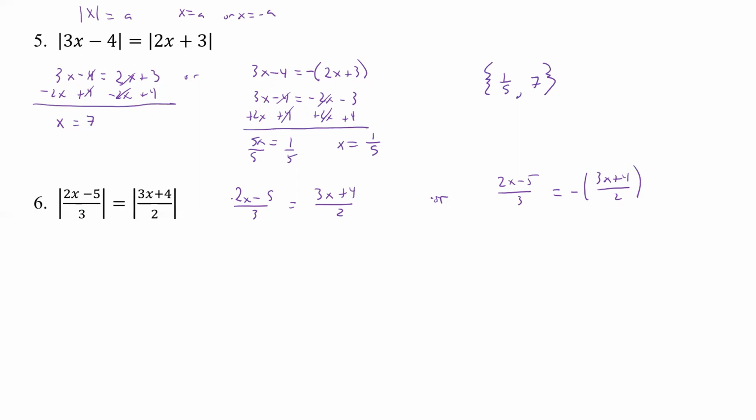Okay, so we have a 3 and a 2 in the denominator. So our LCD here is going to be 6. And it's going to be the same here as well. So I'm going to multiply by 6.